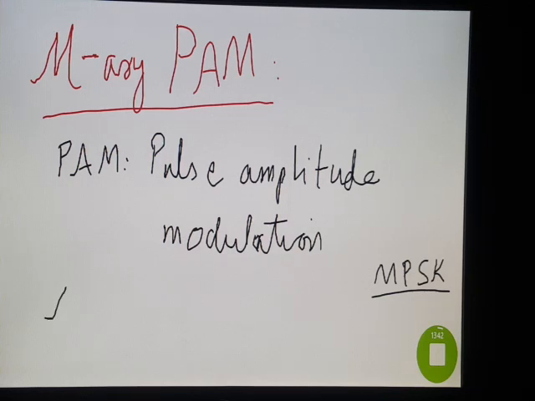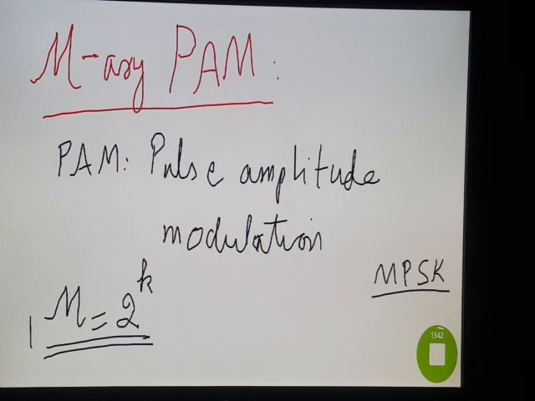We know about this M: as I mentioned, it is 2 raised to the power K. So your M in an M-ary digital modulation scheme is always 2 raised to the power K. Keep this in mind. Never take M equal to 3 or 5 or 7. It should fulfill this criterion.